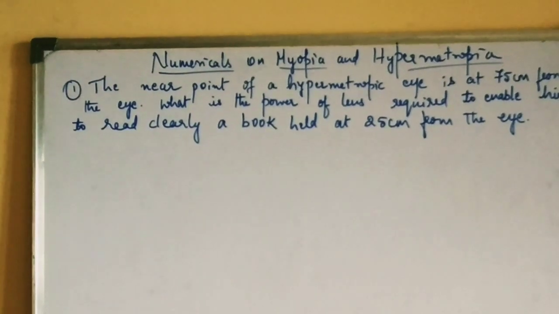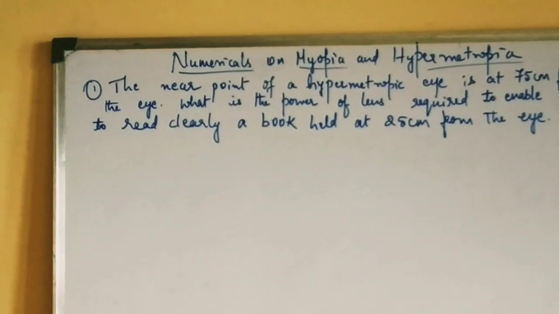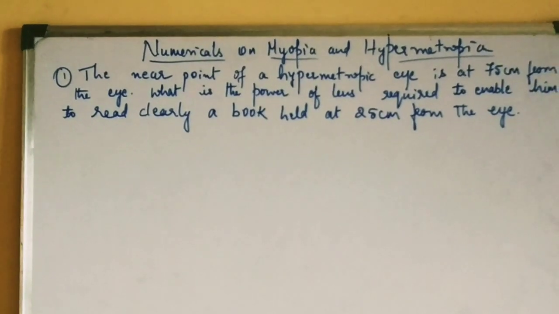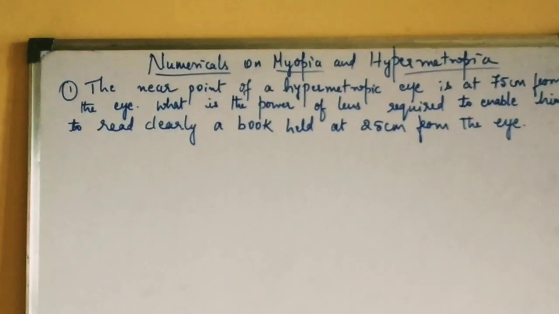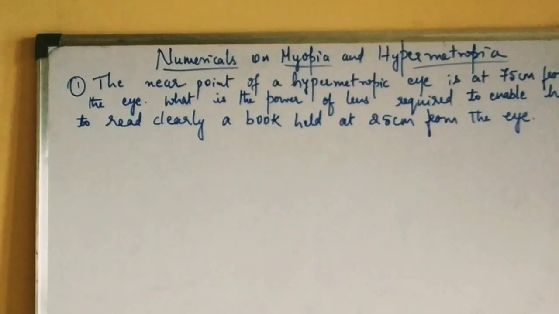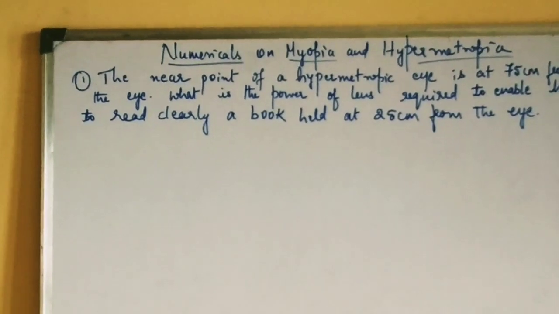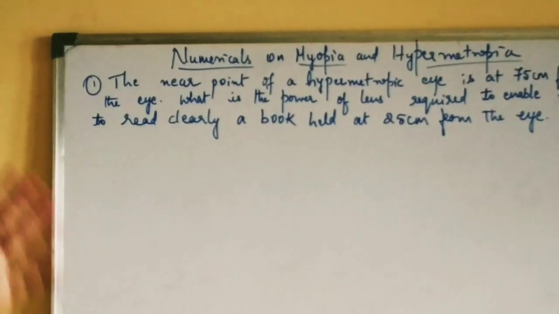Whereas for the hypermetropic eye, the corrected focal length will always be positive, whereas for myopia it comes negative. These things you have to remember.